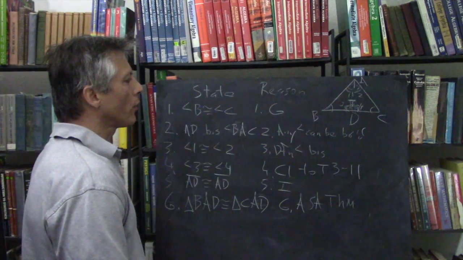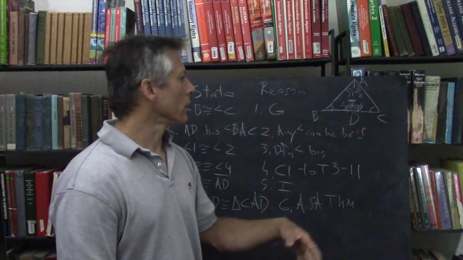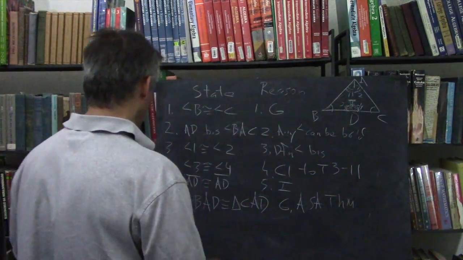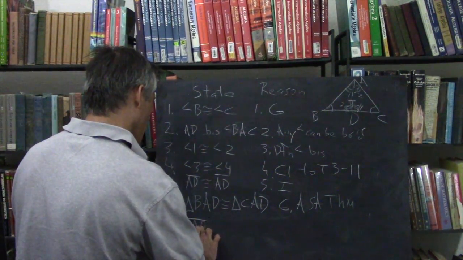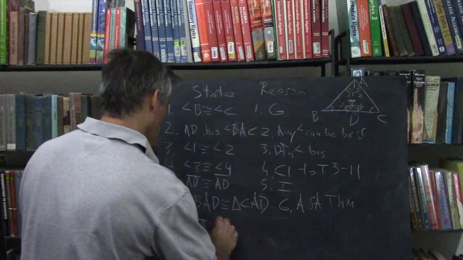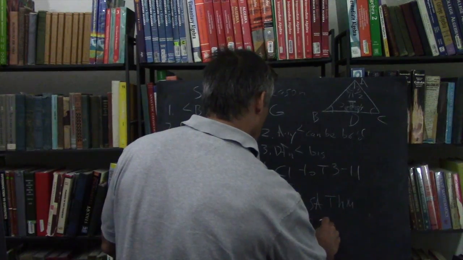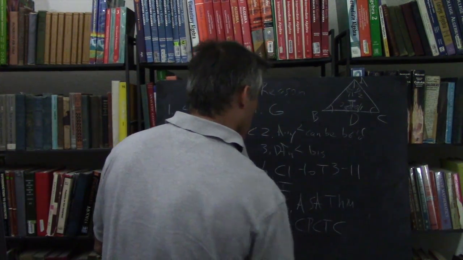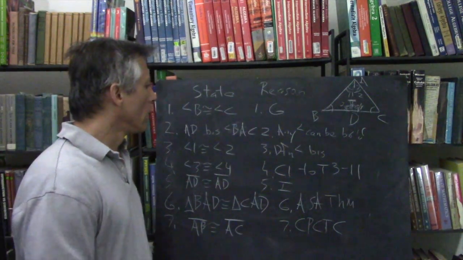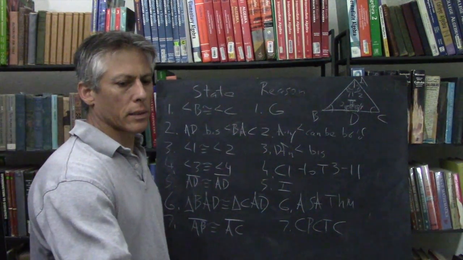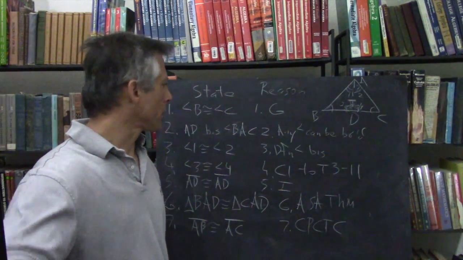And therefore, since the triangles are congruent, the parts are congruent. So AB is congruent to AC. Done. With our wonderful CPCTC again.